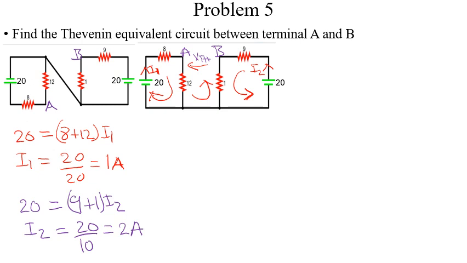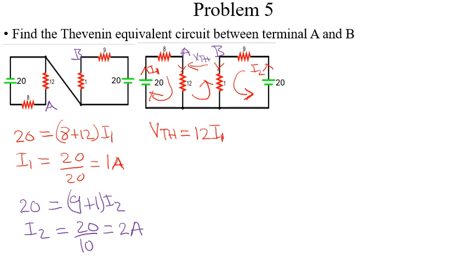What we simply need to find now is VTH using KVL. We take a loop in the anti-clockwise direction. We know that I1 passes through this 12, and this one also is I2. So we are treating VTH as a source. VTH equals, going in the anti-clockwise direction, 12 times I1.